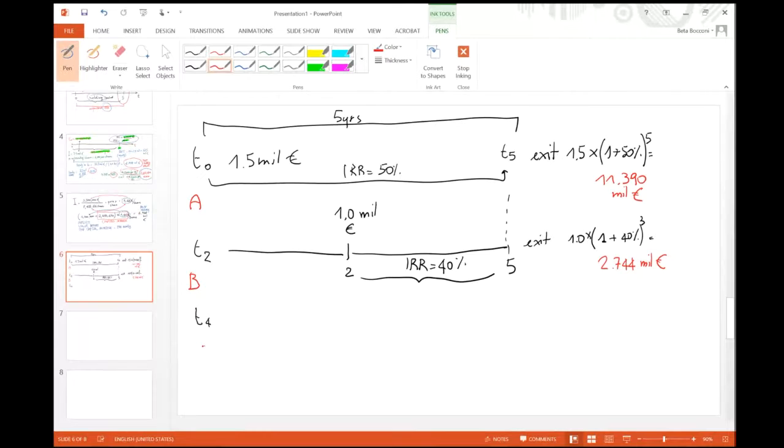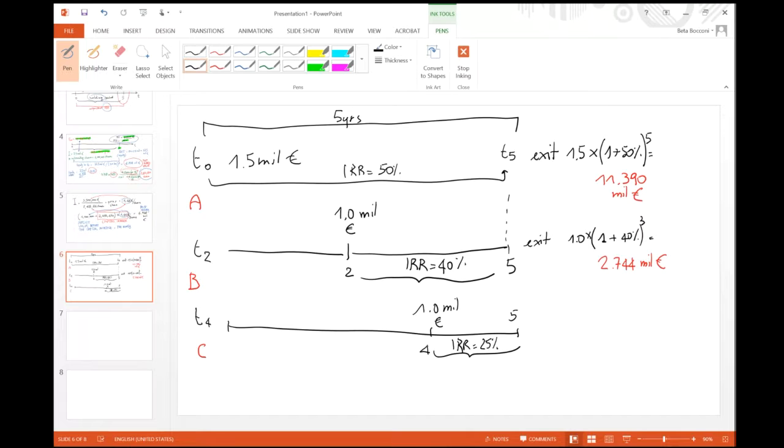For the same reason, we can continue with the last investor that will get inside the picture after 4 years. Investor C will enter the company at a later stage compared with the others. He will enter in year number 4 with another investment of 1 million euro. And since it is the least risky investment, the internal rate of return required is only 25%.